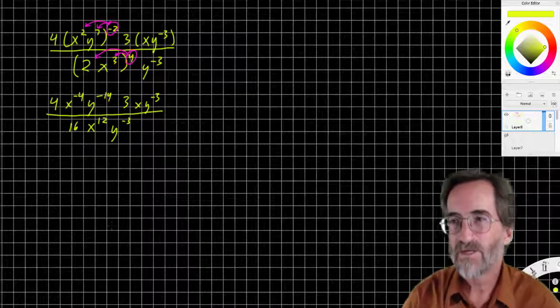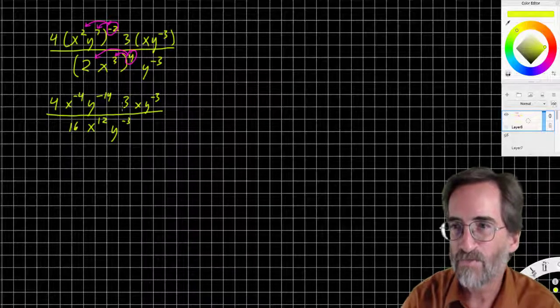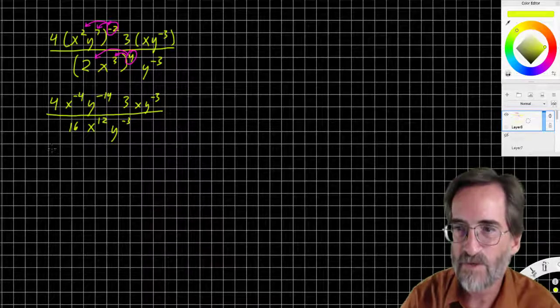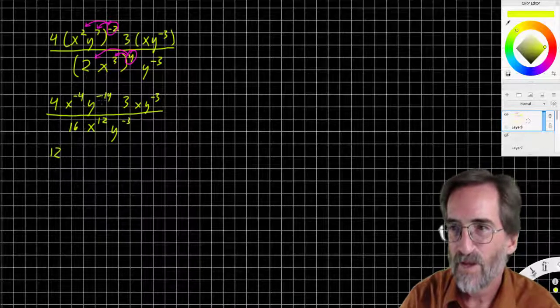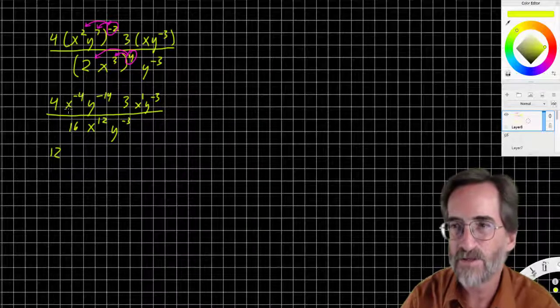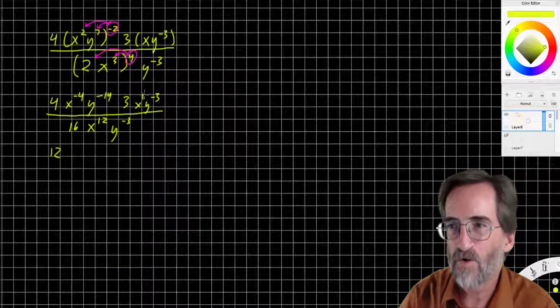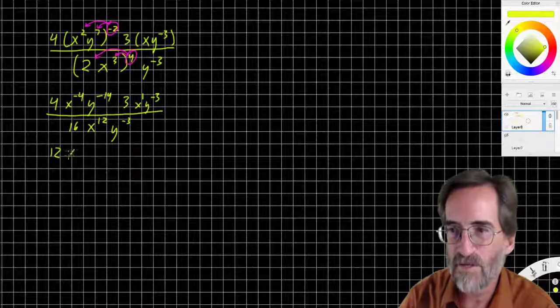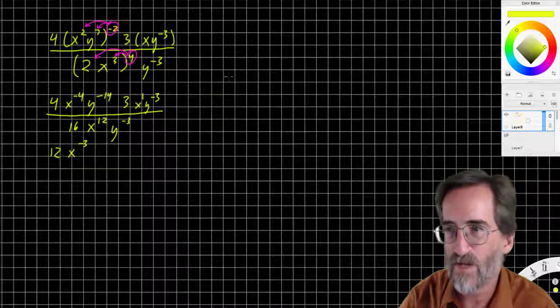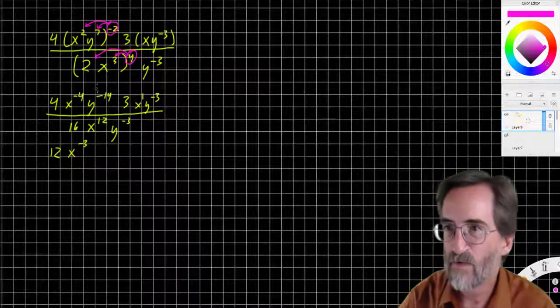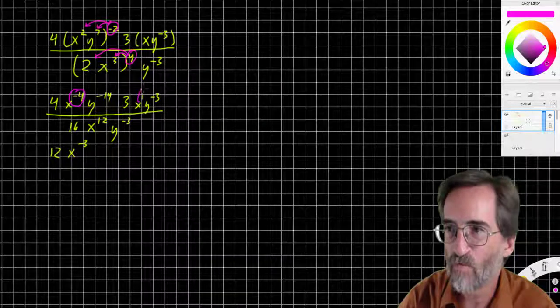We might do as a next step multiplying the coefficients. 4 times 3 is 12. X to the negative fourth times x to the 1: think of combining like factors here. X to the negative fourth times x to the 1 is x to the negative third, because negative 4 plus 1 is negative 3.